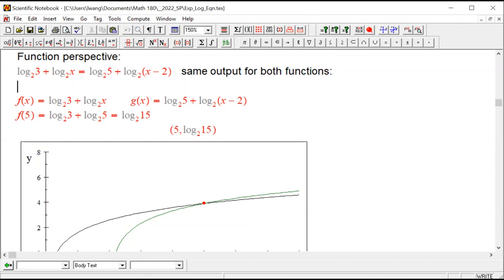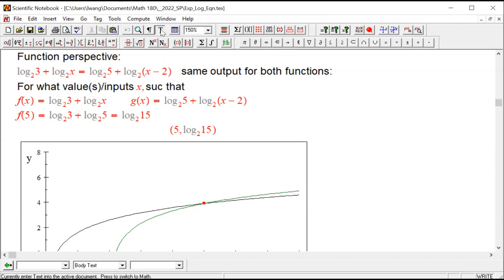So our task here is to find for what input x, it may be plural, maybe multiple inputs x, such that the outputs are the same.